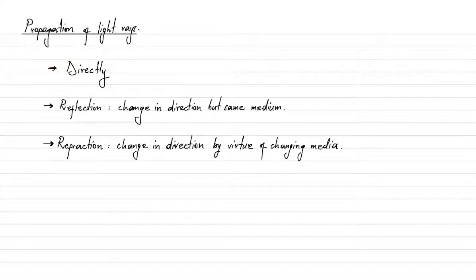And then we went on to consider the situation where light goes from the source to the destination, but in the process it changes direction by means of reflection. So reflection, primarily for us, we will refer to it as a change in direction, but remaining in the same medium. So that is, light simply changes direction, but it still remains in the medium in which it travels.